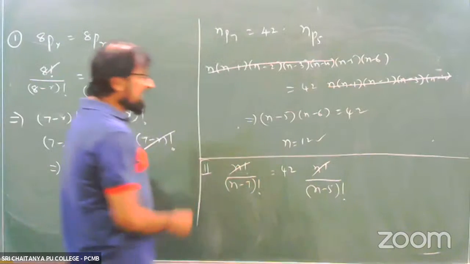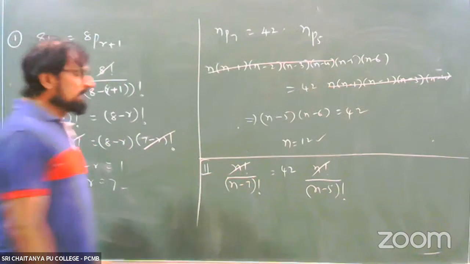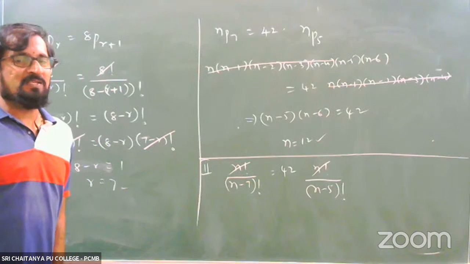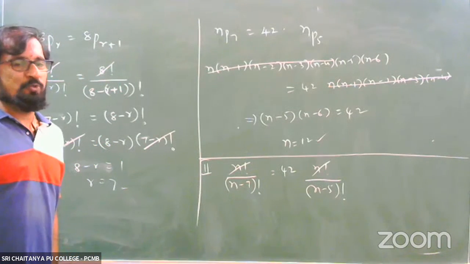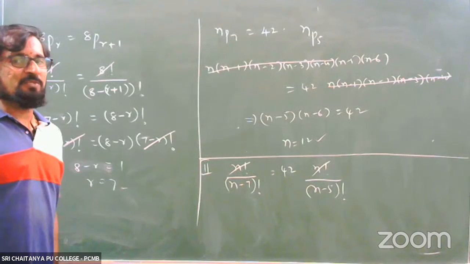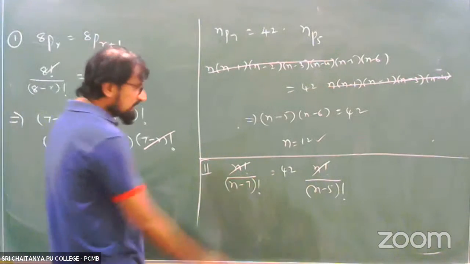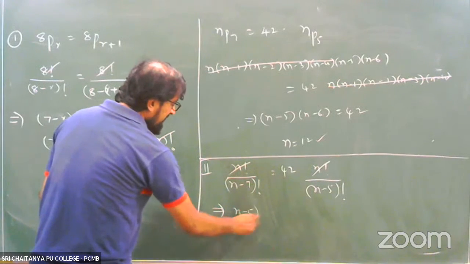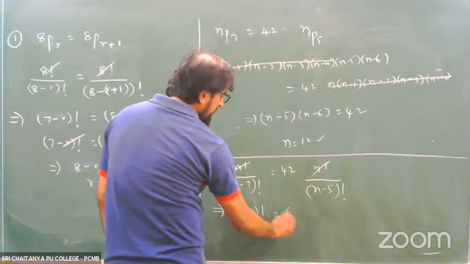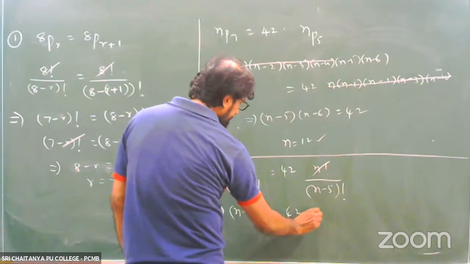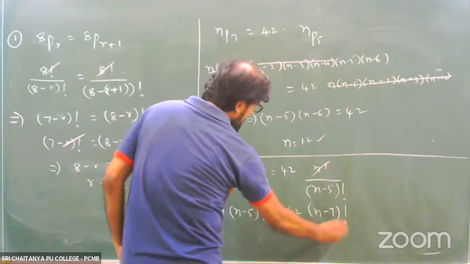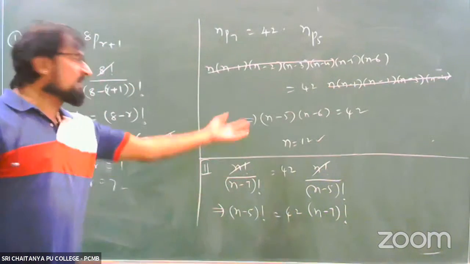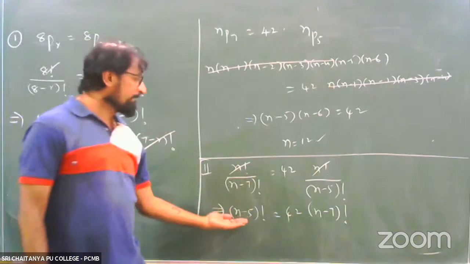Both sides N factorial get cancelled, right? Now, if you reduce that one, you are going to get N minus 5, N minus 5 minus 1, N minus 6, N minus 6 minus 1, N minus 7. So just do the cross multiplication. We are going to get N minus 5 factorial is equal to 42 into N minus 7 factorial. Just do the verification by substituting N is equal to 12 here.